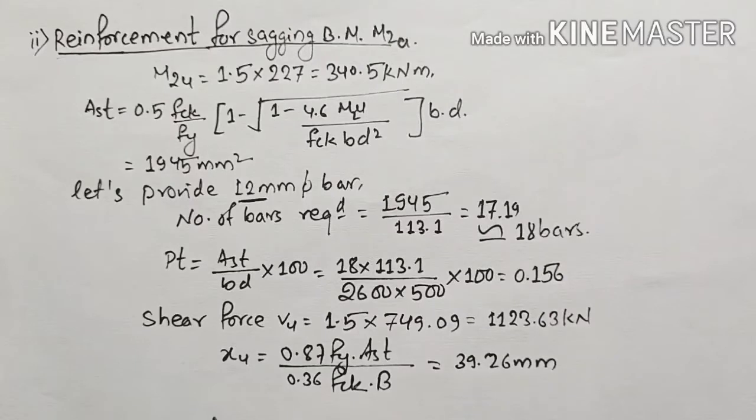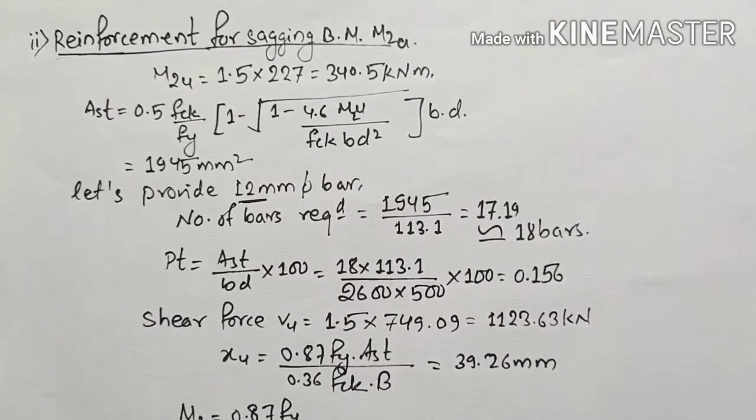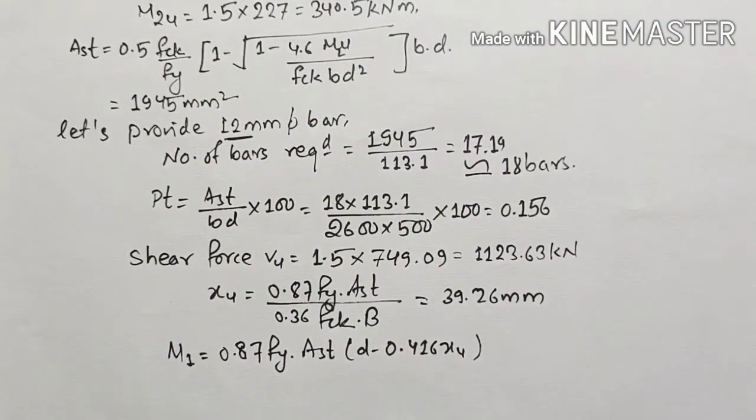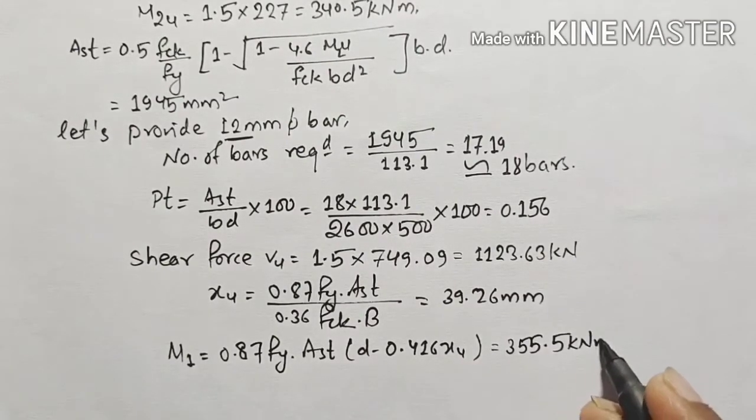After finding the value of XU, let's find the moment, that is M1 equals 0.87 Fy into AST times D minus 0.416 XU. You might have noticed that the reinforcement for the sagging bending moment M2U is similar to what we have done for the hogging bending moment M1U. So after finding, we will get the value of M1 here as 355.5 kilonewton meter.